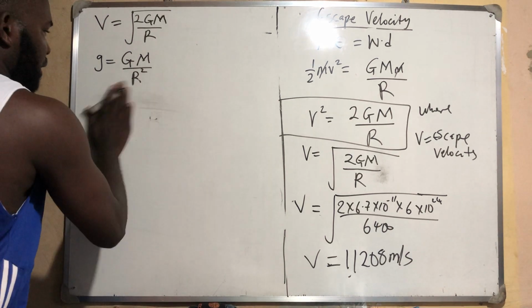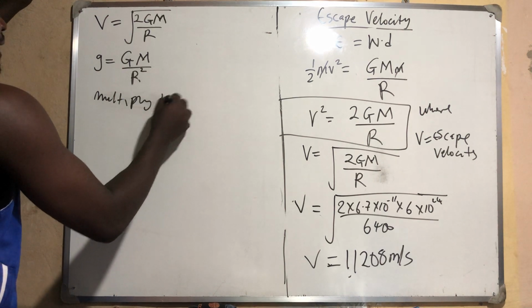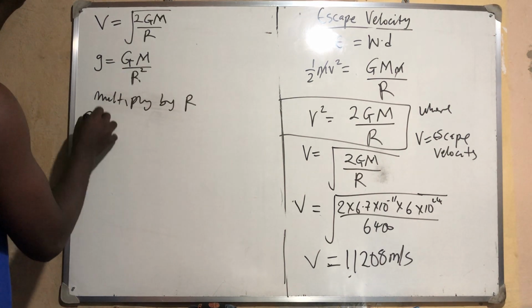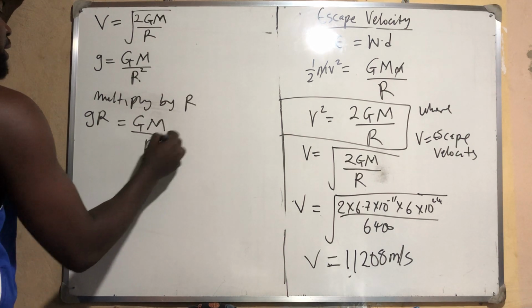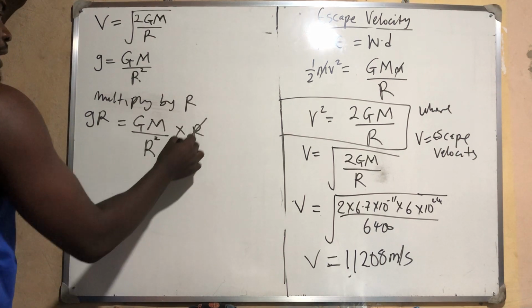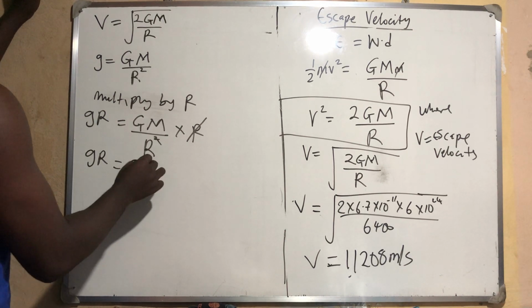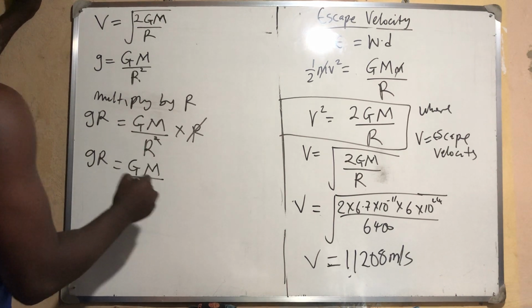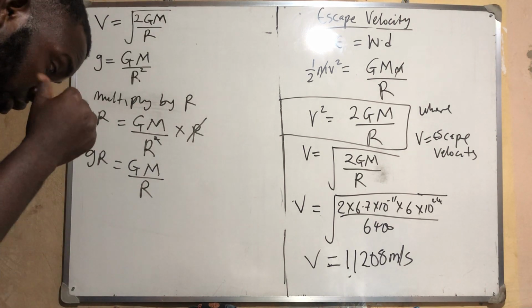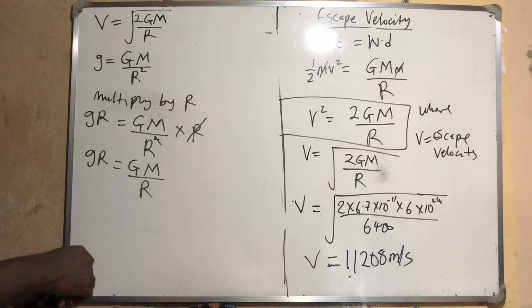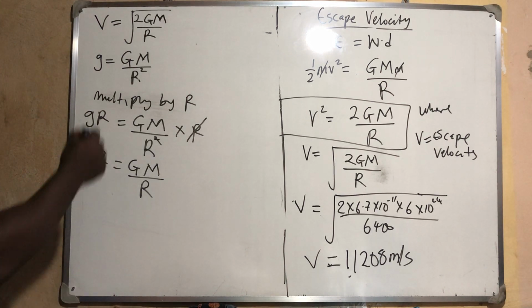So I have gr is equal to GM over r squared times r. This r will cancel one of these r, so my gr is equal to GM over r. So anywhere I see GM over r, I can put it as gr.